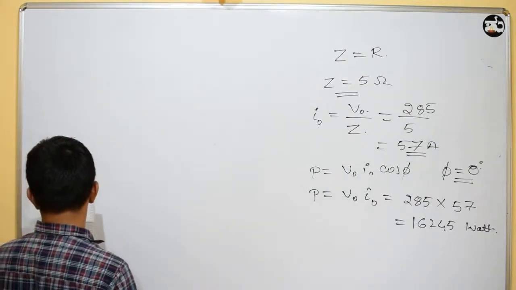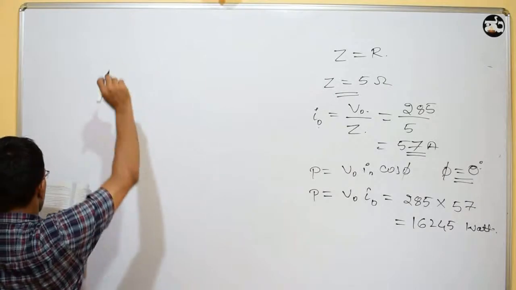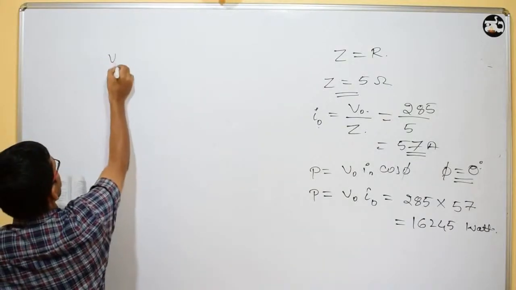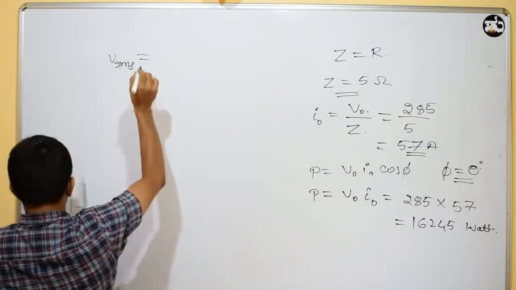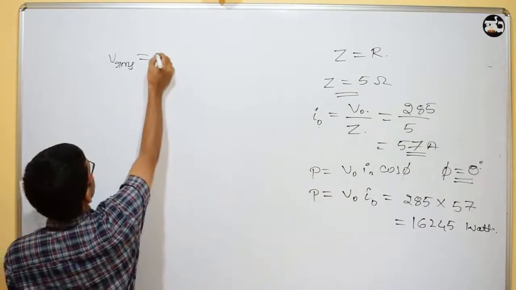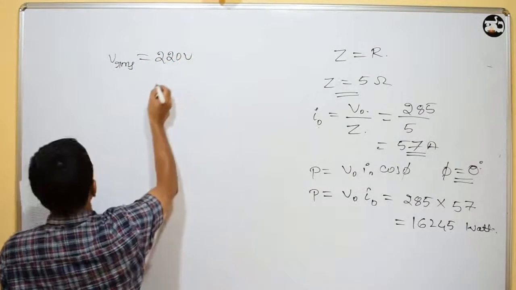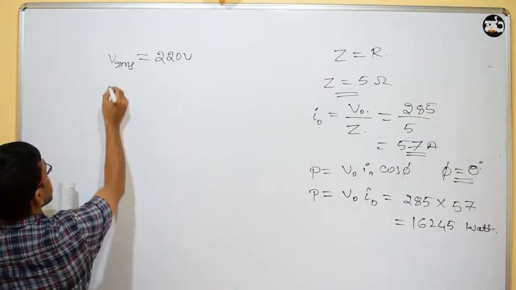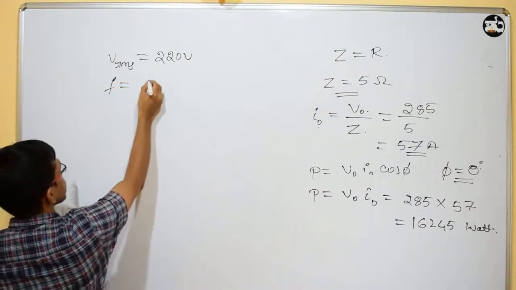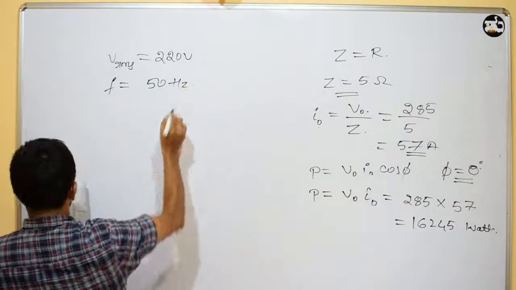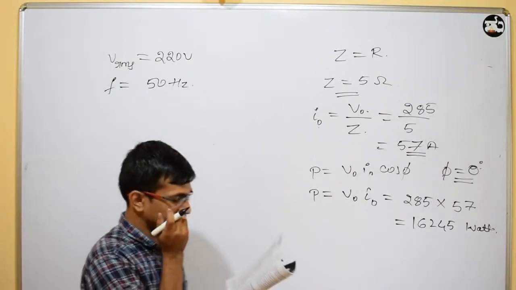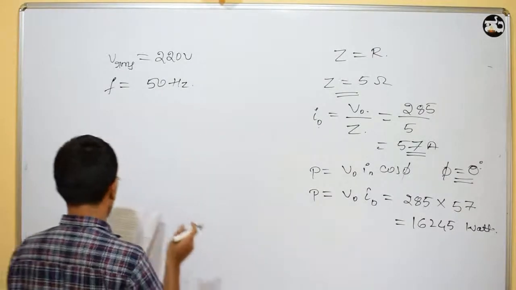See here now, try to write the given information. So EMF, they have given VRMS. The value of VRMS is 220 volt, and the frequency is 50 hertz, connected in series with a resistance of 200.